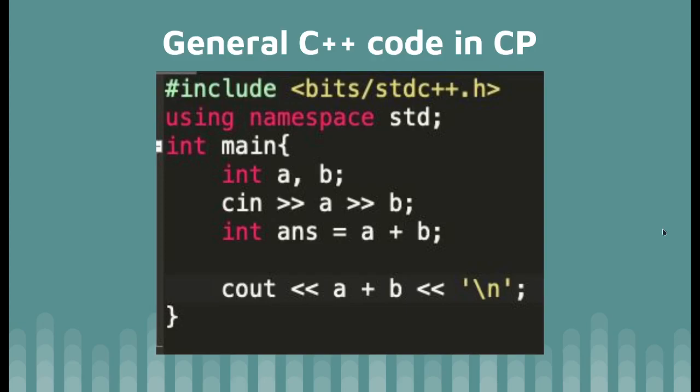But generally, for competitive programming purposes, you just copy the first 2 lines into your code. You don't think about it. For other usage, maybe in an industrial sense, you need to understand what these things are. But for competitive programming, you just copy the first 2 lines of this code, and you have everything you need in general.